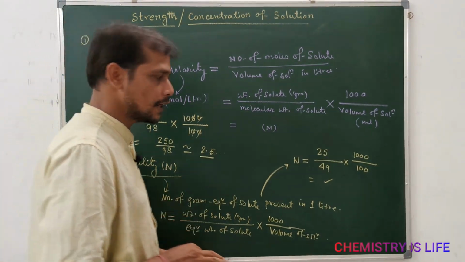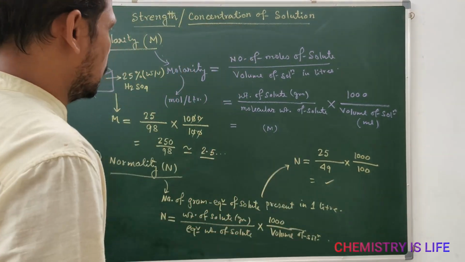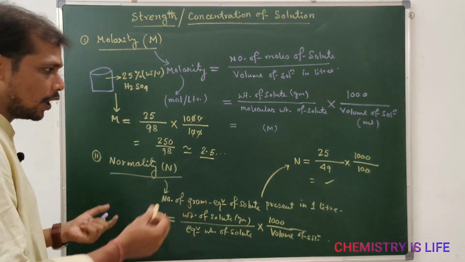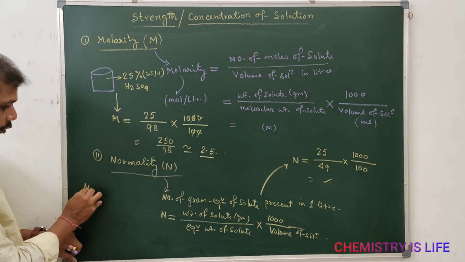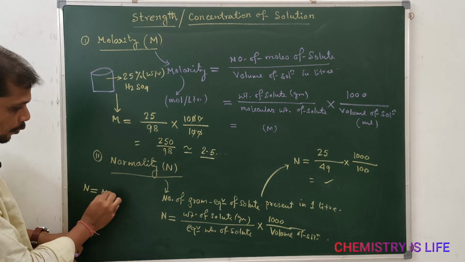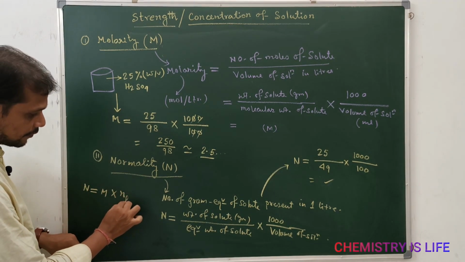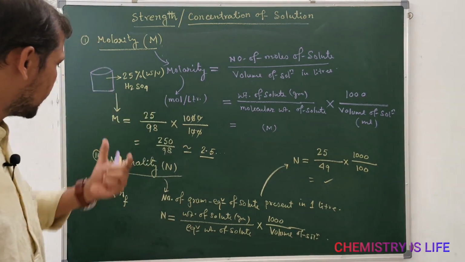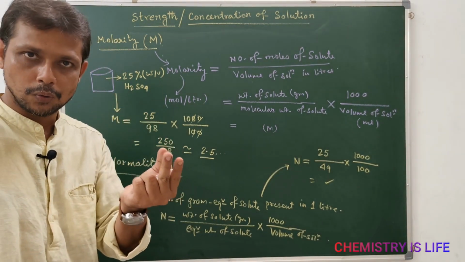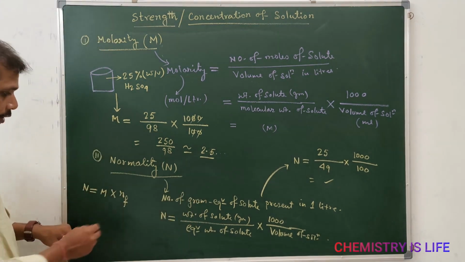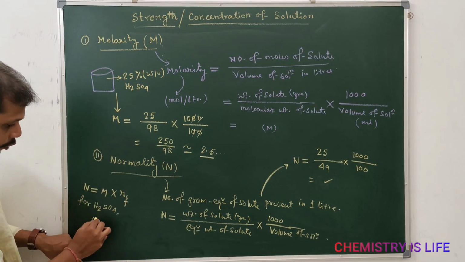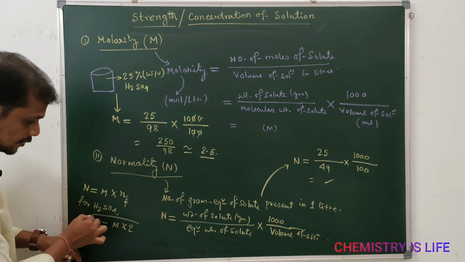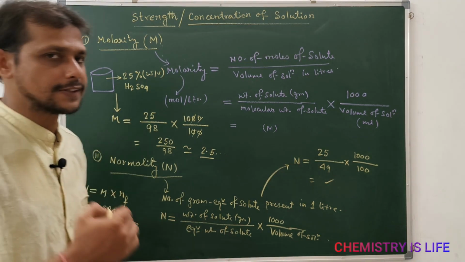So we can easily calculate its normality. Got it? Very easy. So we can also interconvert between molarity and normality. How? It has the formula: normality equals molarity into N factor or valency factor. For H2SO4 the N factor or valency factor is 2, as we have just learned. So for H2SO4 its normality will be molarity into 2, so its normality will be double its molarity.